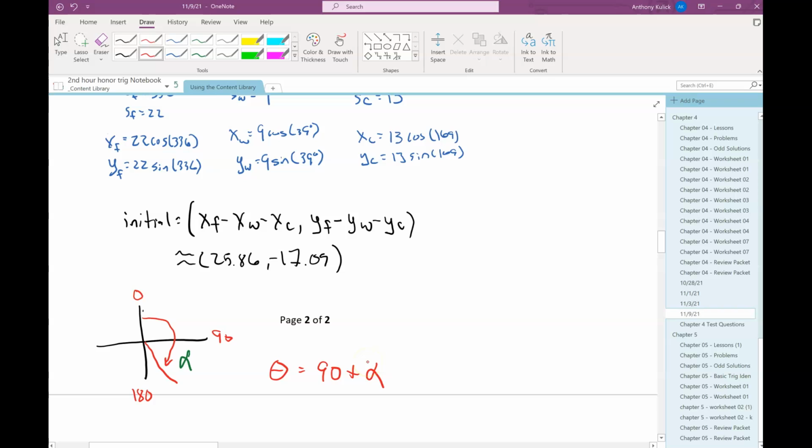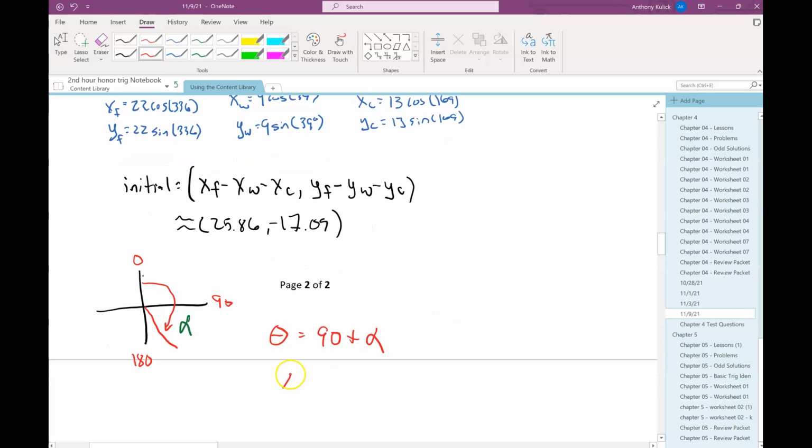Since the last axis I passed was horizontal, I should be adding my alpha. And alpha is the tan inverse of the absolute value of y_i divided by x_i.